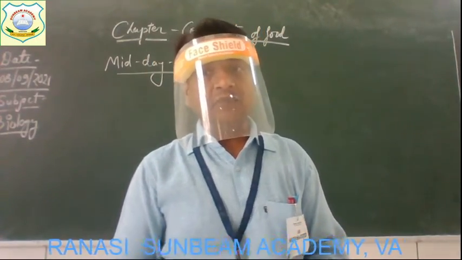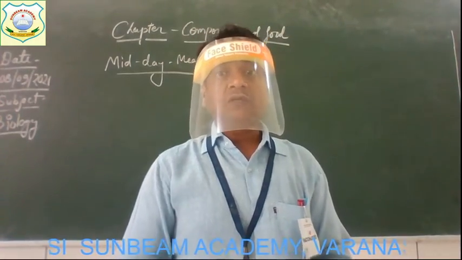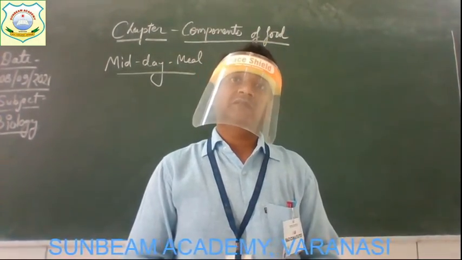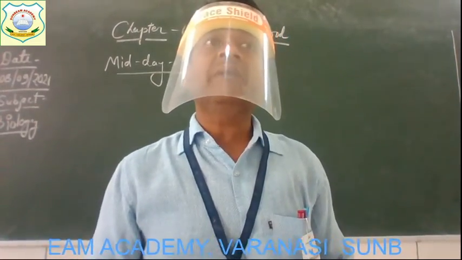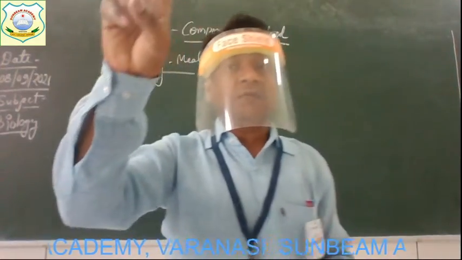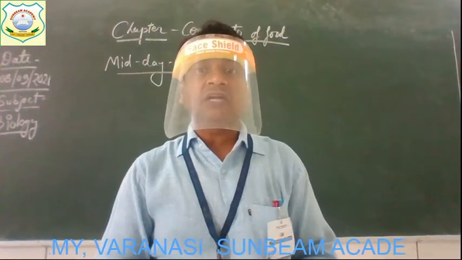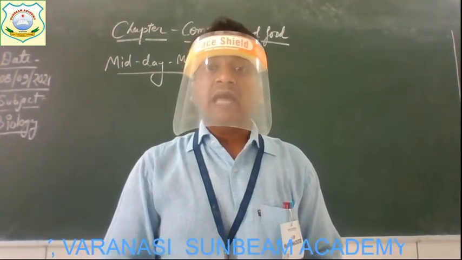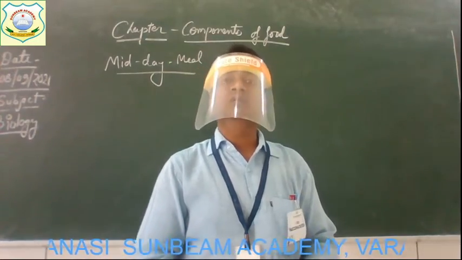Now, this scheme tries to solve two main problems. Why is this scheme operated by the government? What is the objective? There are two basic objectives. One is malnutrition among children of the poor, and the other is improving attendance in school.